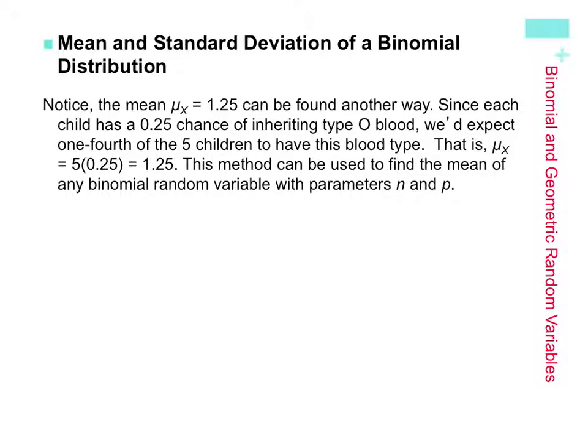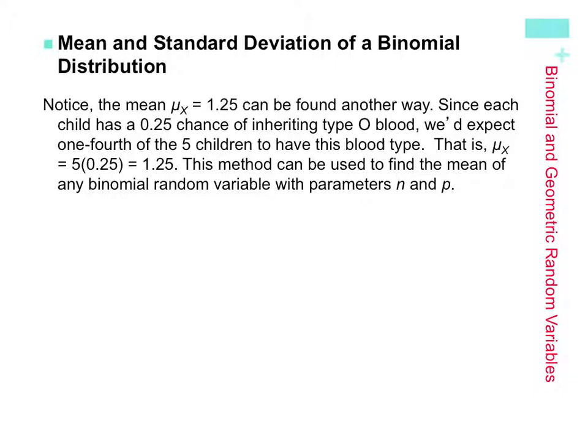So let's think about why the mean might be 1.25. Because each child has a 0.25 chance of inheriting type O blood, we'd expect 1/4 of the children to have this type of blood. So in other words, the mean of x would be 5 times 0.25, so it would be 1.25.